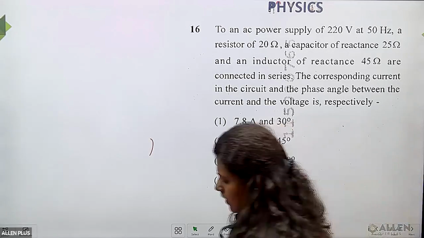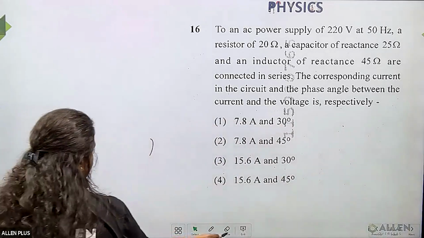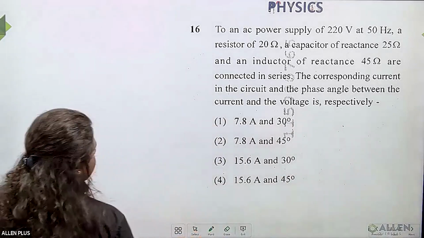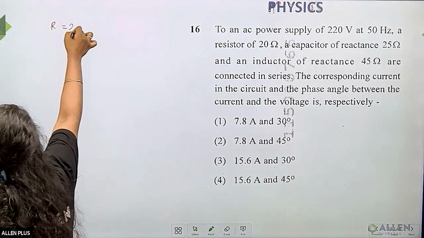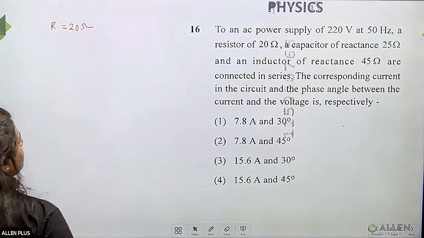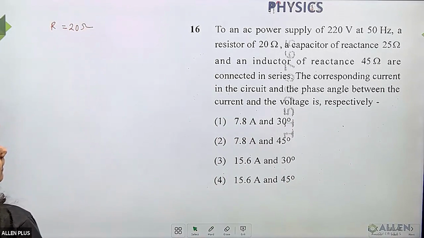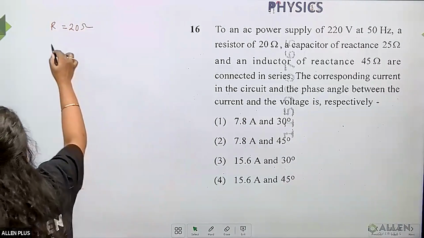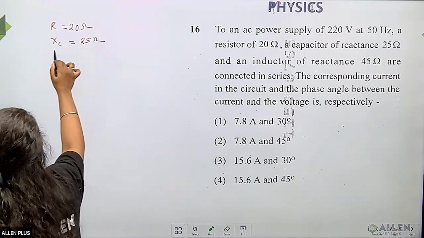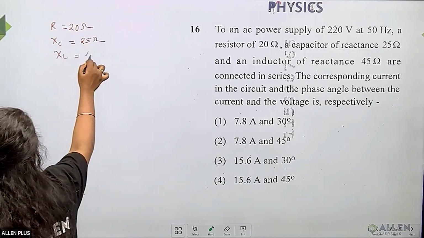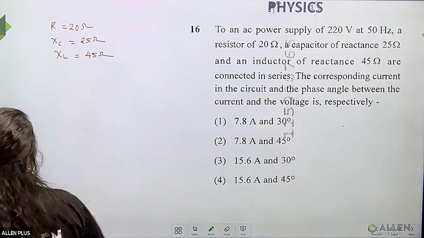What are the data given here in the question? The resistor value is given as 20 ohm. Capacitive reactance XC is given by 25 ohm and inductive reactance is given as 45 ohm.